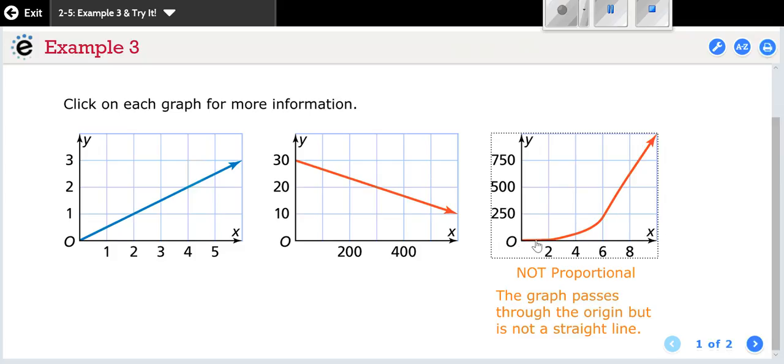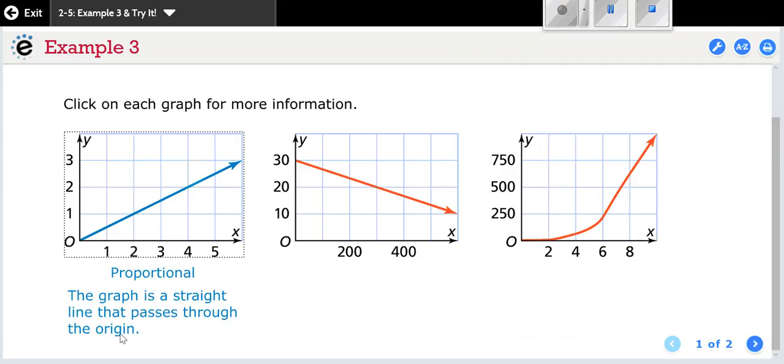It has a curve in it. And because of that, it doesn't fit that proportional relationship. So keep that rule in mind: it needs to be straight and needs to go through the origin. That's going to be your sign for a proportional line.